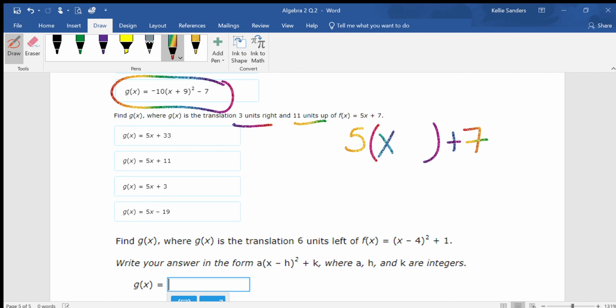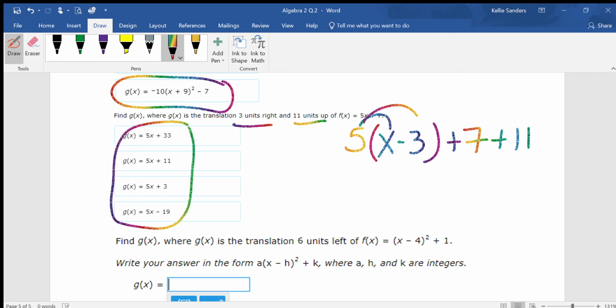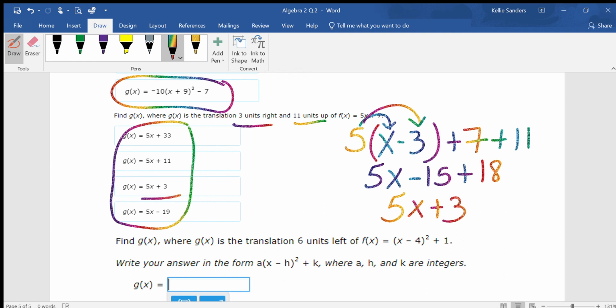So, here's our x. 3 to the right would be minus 3. 11 up would be plus 11. See, there's no parentheses here. So, because it's just x, we're going to get rid of the parentheses. We're going to distribute that 5. 7 plus 11 is 18. And 18 minus 15 is 3. So, 5x plus 3.